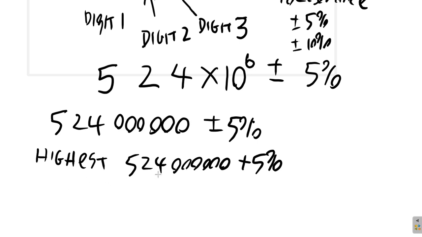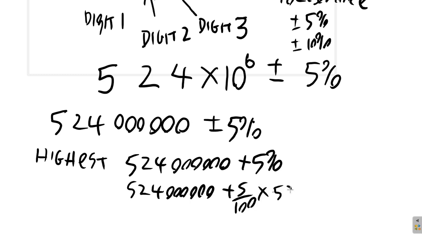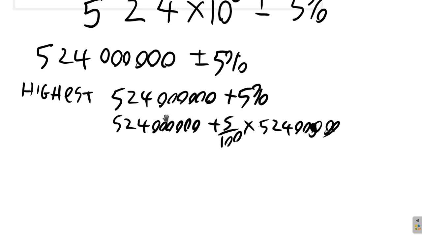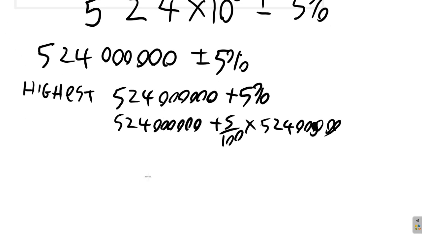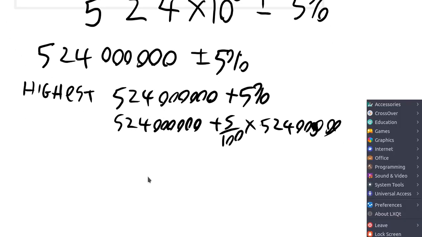Now, that will be 524 million plus 5 divided by 100 times 524 million. Now what is that? Let's get our calculator.